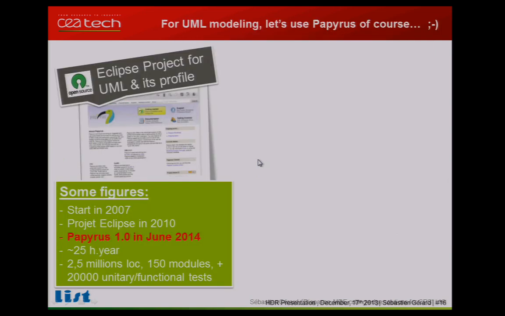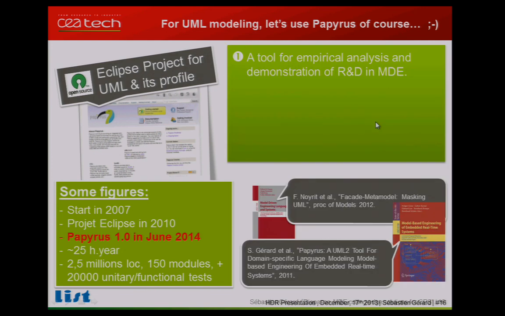Several years ago, we were also users of UML before becoming developers of a UML tool. We decided to make a UML tool. This is Papyrus, which left incubation this year in the context of Eclipse. It is a tool for UML. It includes very strong support for profile definition, and it may be used by people who want to make an R&D experiment in the context of model-driven engineering.